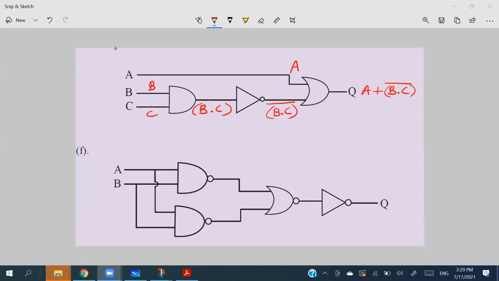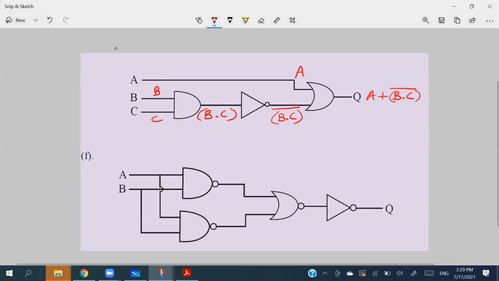Right, now what is going on with the sixth one, the F part? You are receiving A over here and B over here, right? So this is going to give you A.B total bar. And again, you are getting A over here and B over here. You are going to have A.B total bar, right?